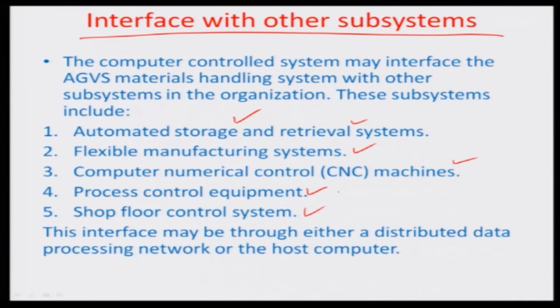So this interface may be either through a distributed data processing network or through a unified host computer which will actually do all the steering and maneuvering based on data from all these different subsystems, but the integration becomes a real challenge at a host computer level.